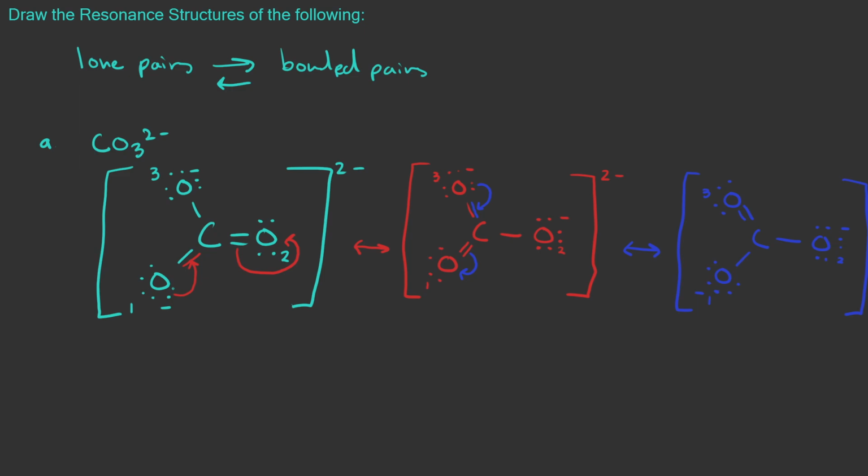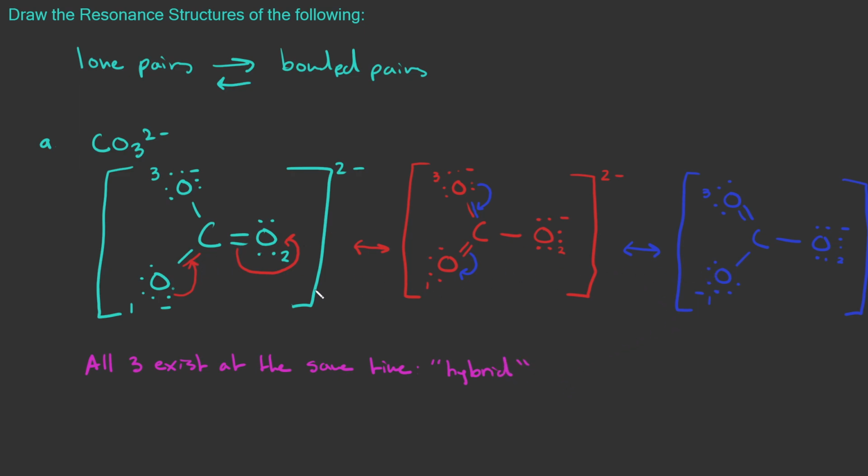The reason for this is that all 3 exist at the same time. Realistically, instead of it just rotating between these three, in reality the actual CO3 molecule looks like a combination or a hybrid of all three.